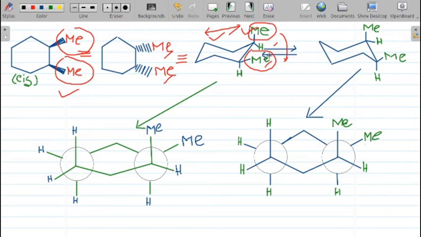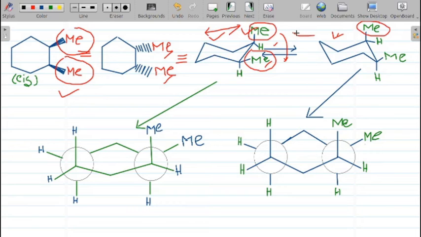And when we consider the conformation after the ring flip, you can see that this structure is similar to this structure.